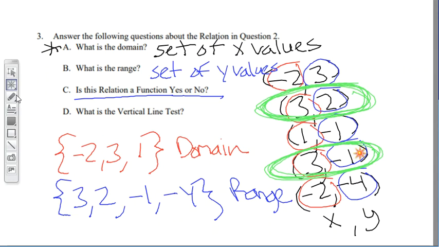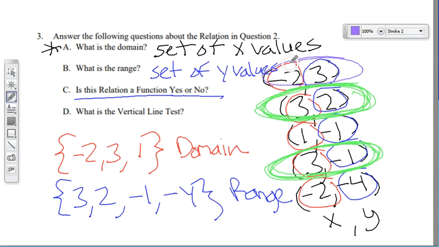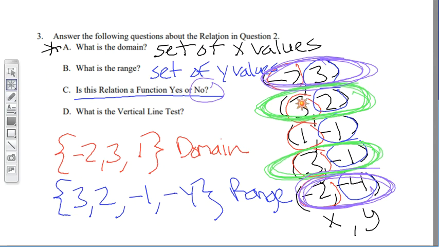Okay, we also have -2 that's being paired with 3, and -2 is being paired with -4. Okay, this relation is not a function because there is the same x value that's being paired with different y values.